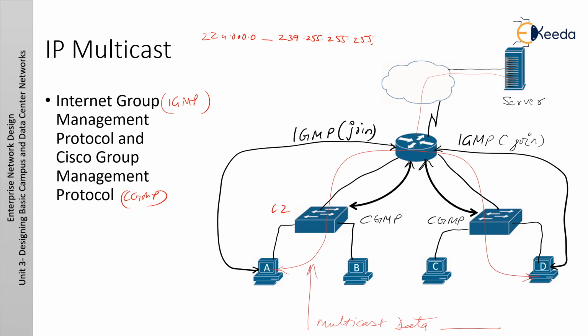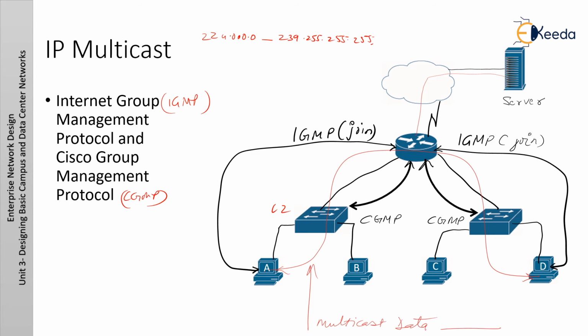With Cisco Group Management Protocol, which is used between switches and routers, the router tells each of its directly connected switches about IGMP registrations received from hosts accessible through the switch. The switch then forwards multicast traffic only to the ports that those requesting hosts are on, rather than flooding the data to all ports.